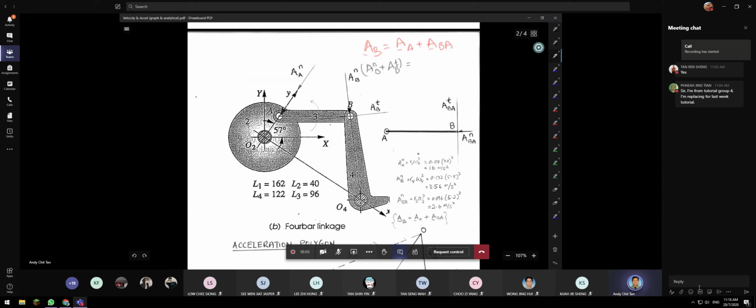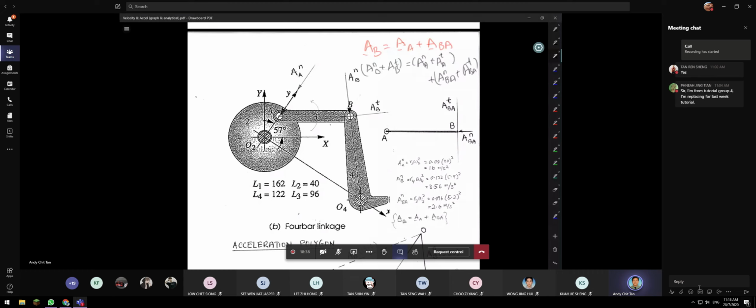And this is equals to acceleration of A normal plus acceleration of A tangential. All right, then plus acceleration of BA normal plus acceleration of BA tangential. All right, so you already know this.